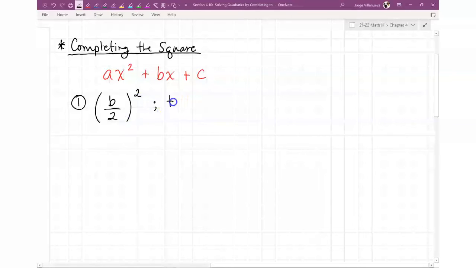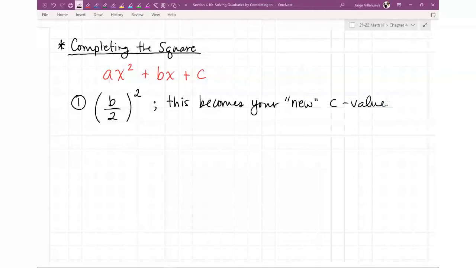This becomes your new c value. The old c value, usually we shove it away, we throw it somewhere else and keep it away, but it's kind of hard to see here. It's best when we do an actual problem, so we will do that right now.